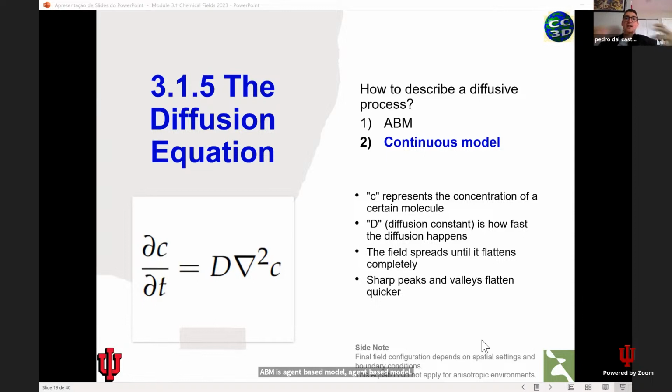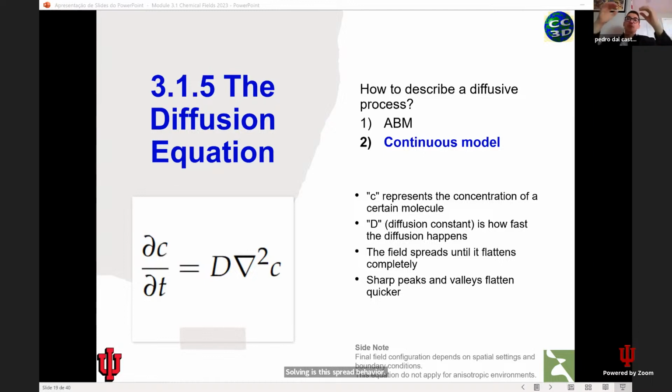The agents are the molecules, for example, okay? Or it could be us humans, each an agent. So the overall behavior that this diffusion equation is solving is this spread behavior.